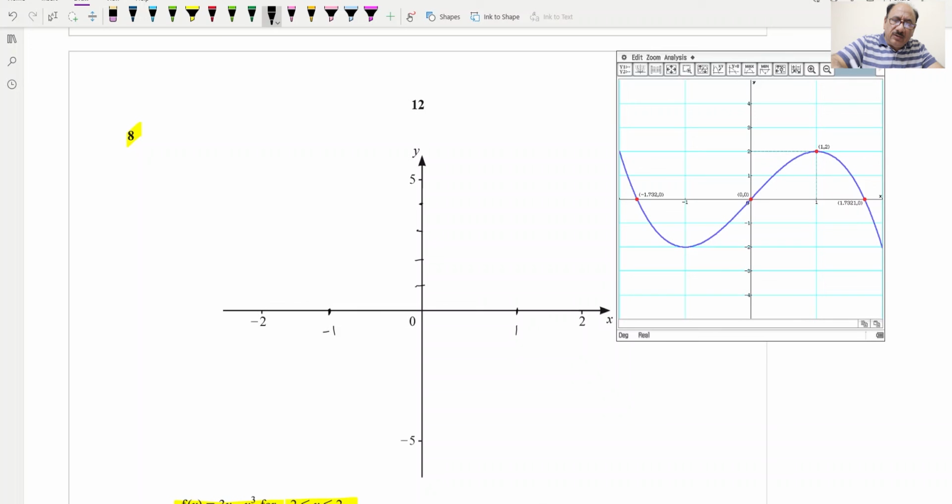Similarly, we can roughly divide -1, -2, -3, -4, and -5. The maximum point is at 1, which is (1, 2), so (1, 2) will be the maximum point over here, and the minimum point is basically (-1, -2).